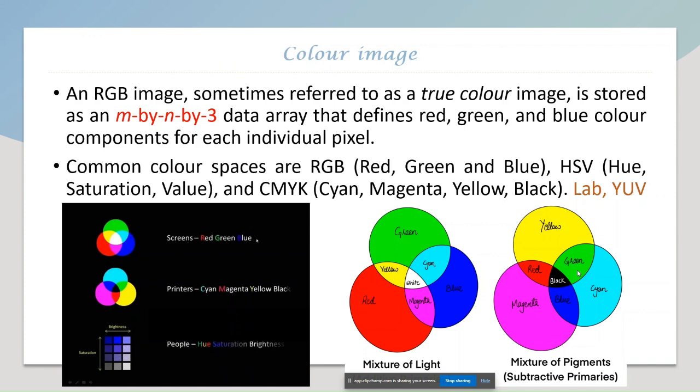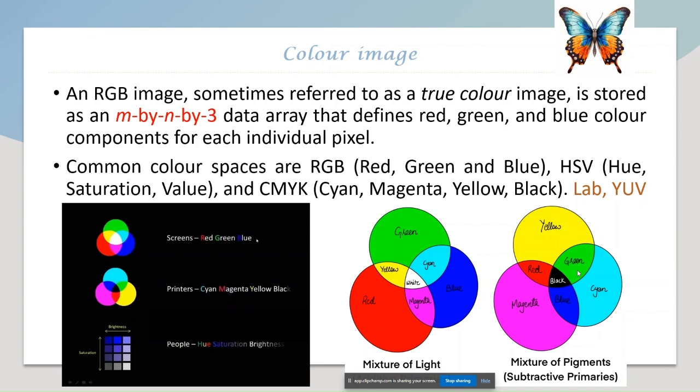So based on the applications, we have different types of images available from different acquisition models like cameras. We might be able to convert from one image type to another, or from one color model to another, but it is not necessary that we will be able to do the reverse process as well.